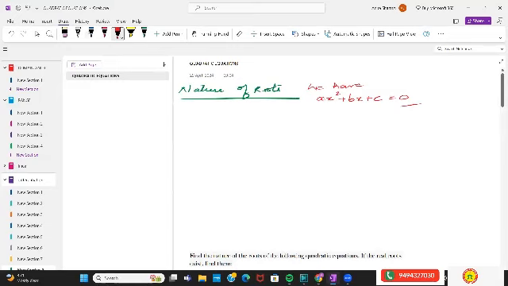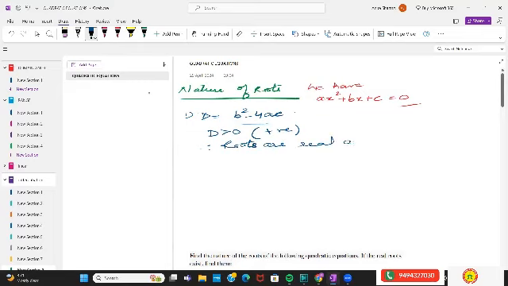First, you will find the discriminant. Discriminant is equal to b square minus 4ac. If the discriminant value comes positive, then roots are real and different.